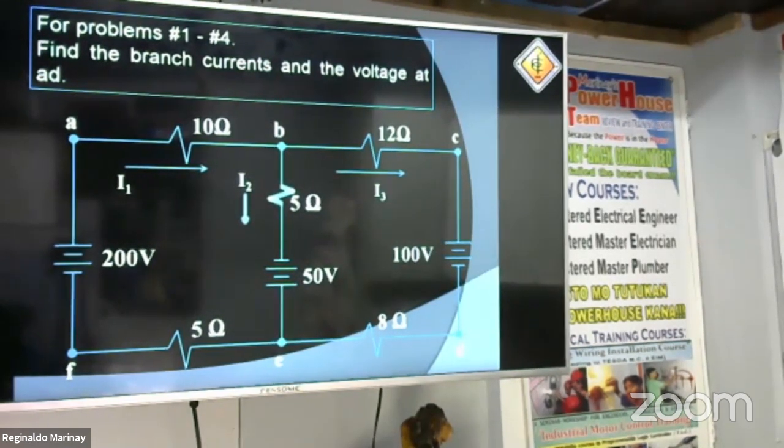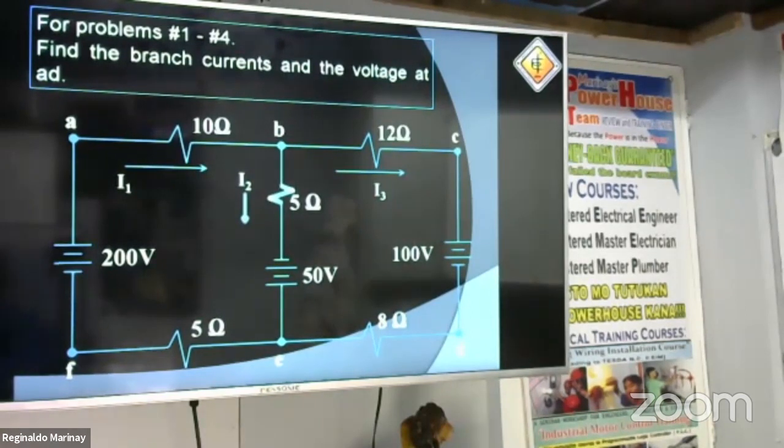Then we have I sub 2. Okay. So let us put our nodes, or these points. So this is point A, point B, point C, point D, point E, and point F.